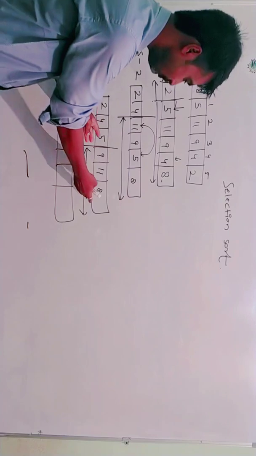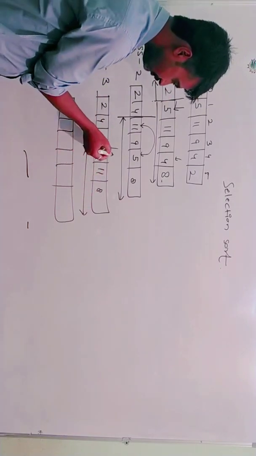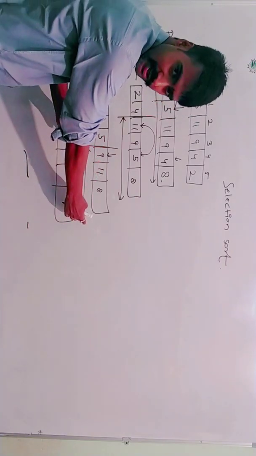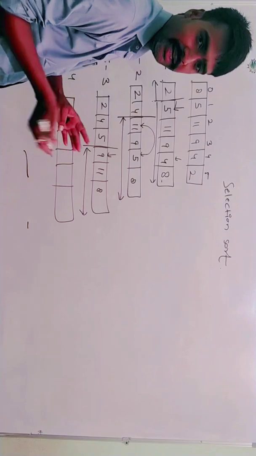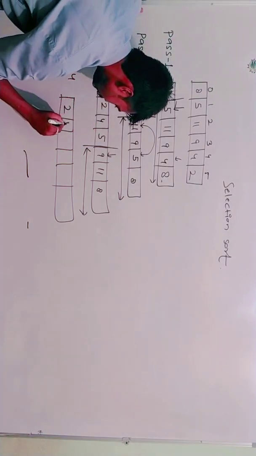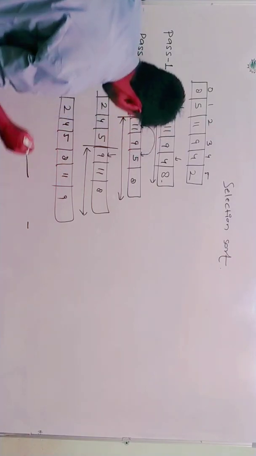In this array the smallest element is 8. 8 will be replaced with the first element of this subarray. What is the first element of the subarray? It is 9. So 9 and 8 will be swapped. So 2, 4, 5, 8, 11, 9.